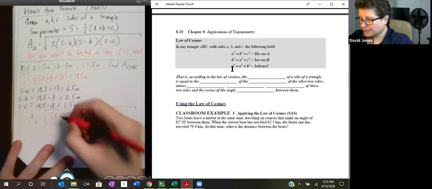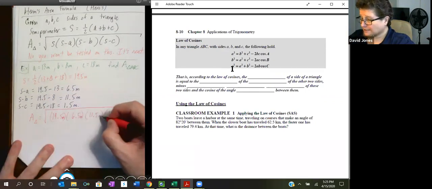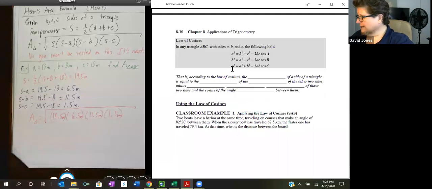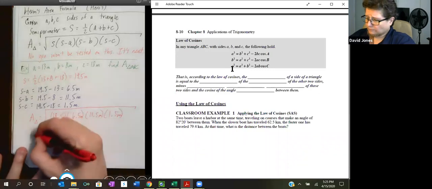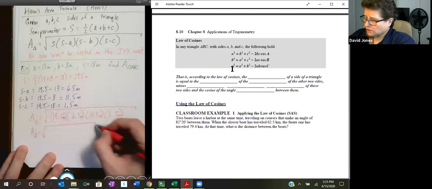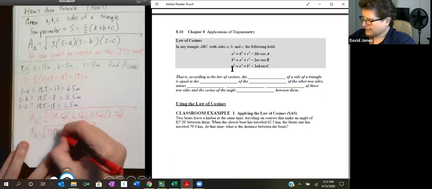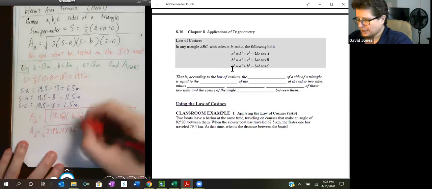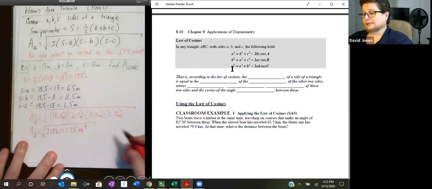Each of these has meters in there. So what do we get on the inside? 2,186.4375. This was in meters to the fourth.